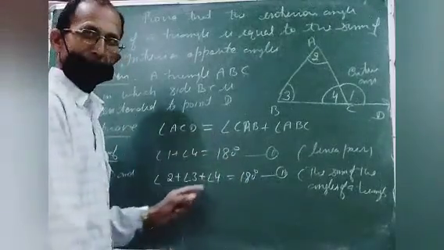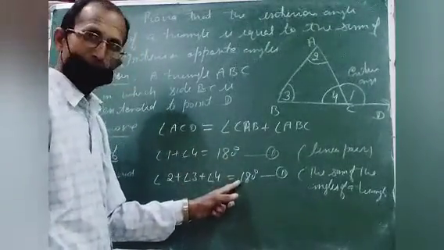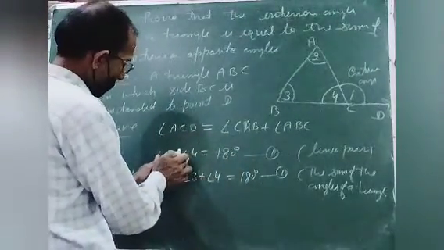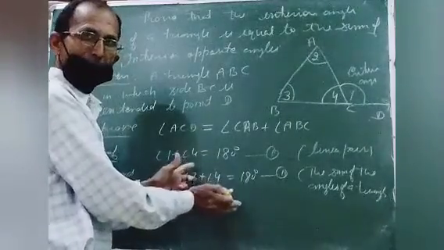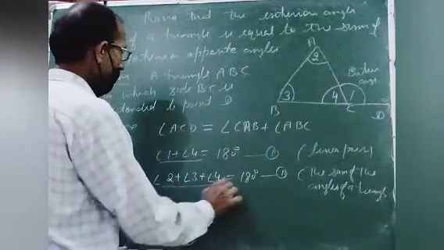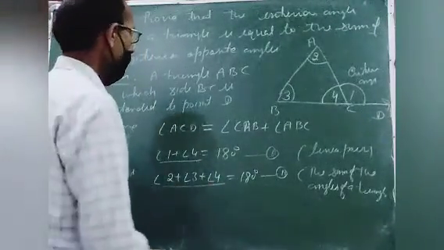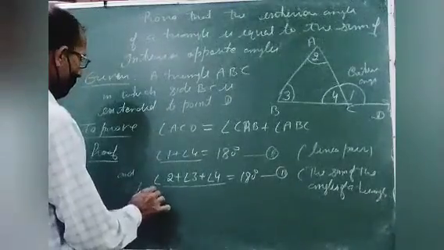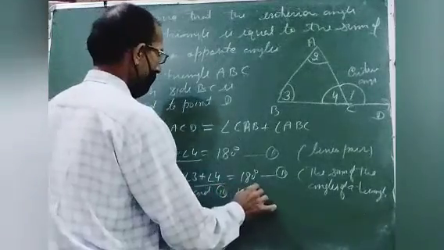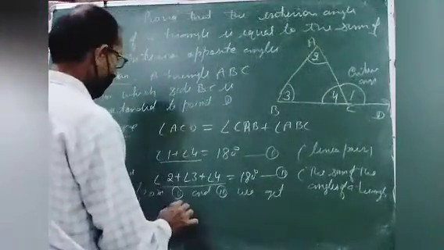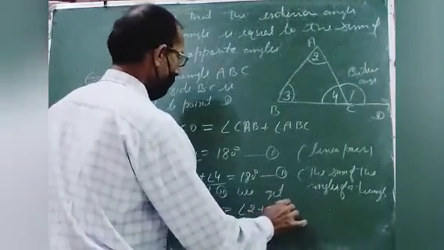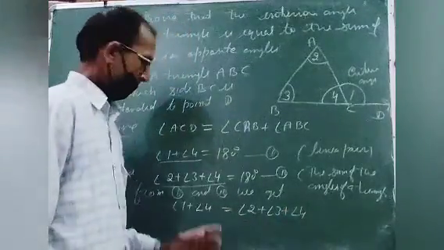Two things equal to the same thing are equal to each other. It means angle 1 plus angle 4 will be equal to angle 2 plus angle 3 plus angle 4. So from equations 1 and 2 we get angle 1 plus angle 4 is equal to angle 2 plus angle 3 plus angle 4.